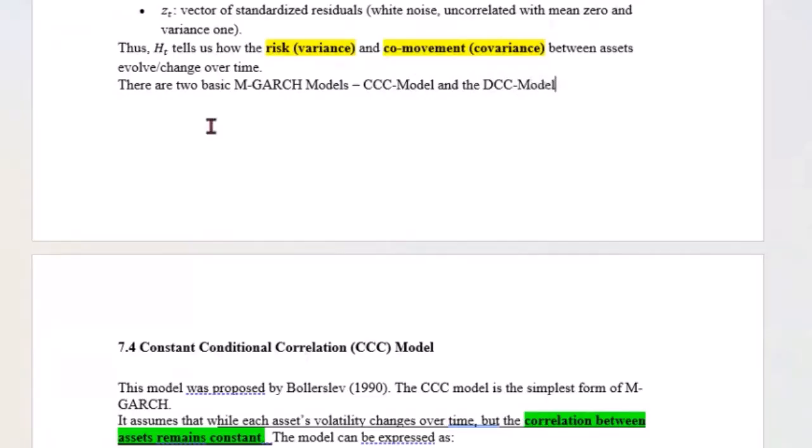There are two basic M-GARCH models: the CCC model, the constant conditional correlation model.